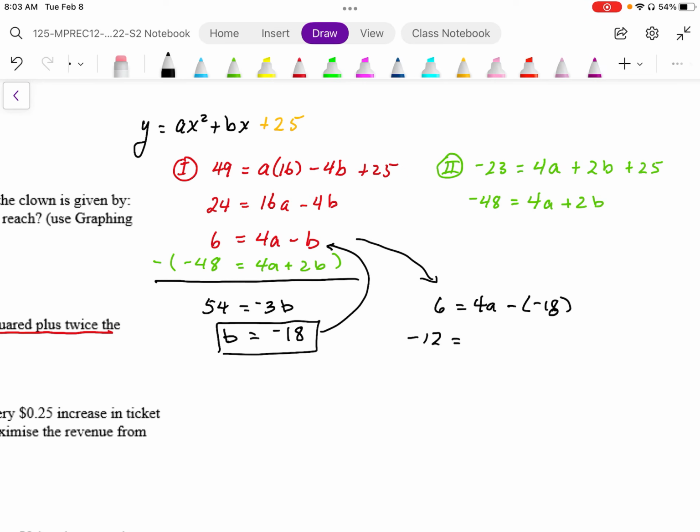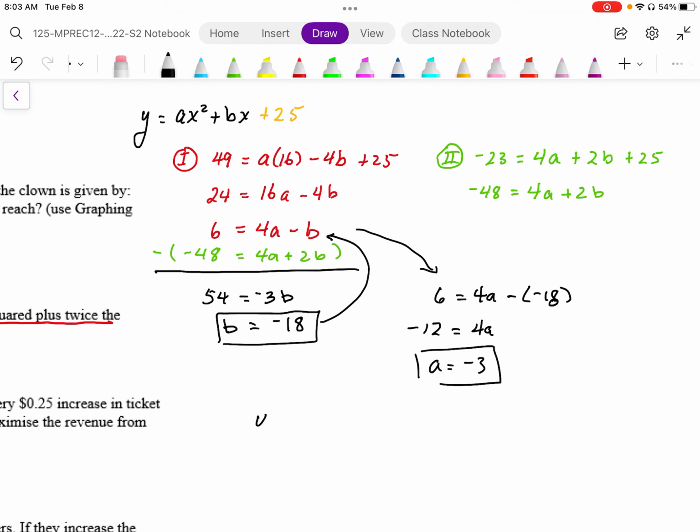I get negative 12 equals 4a. A is equal to negative 3. So there I found all the parts of that quadratic, the a value. So I end up with negative 3x squared minus 18x plus 25, which I had to start.